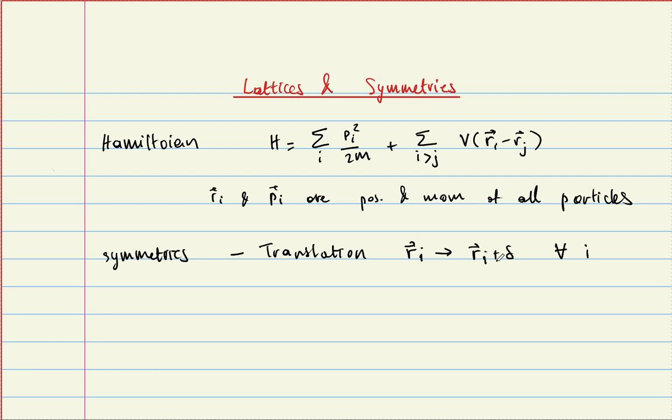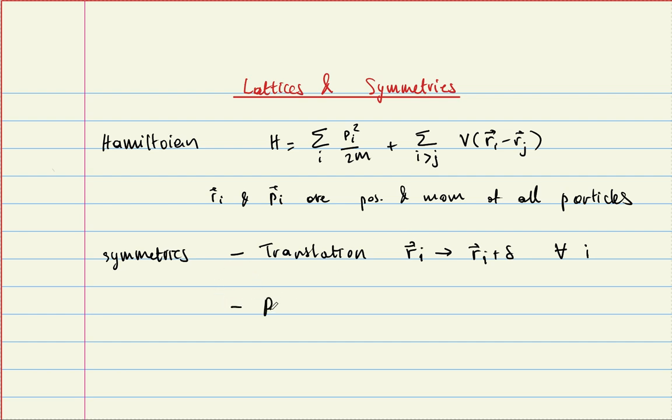You can do that for small or big delta, because momentum is the derivative, and if you add a constant to the variable, the derivative will not change. In the second term there is the difference between R_i and R_j, because you are shifting everything by the same amount, so the second one will also not change. So this is translational invariant.